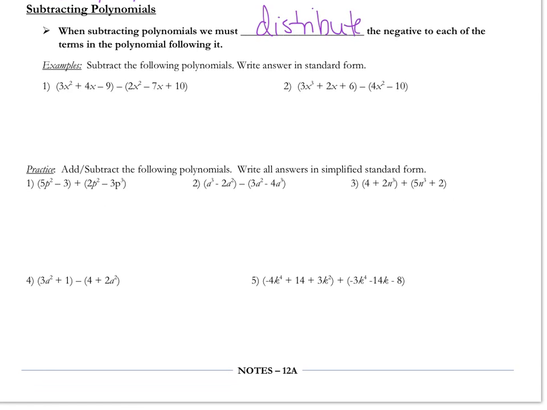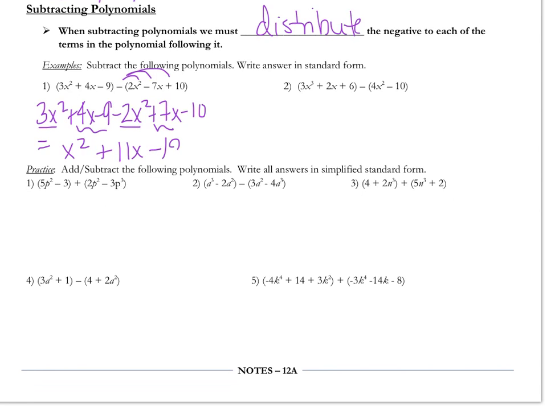Okay, so we have to distribute the negative through to everything. Okay, and then go ahead and combine like terms. Okay, so the biggest mistake that we'll make is forgetting to distribute that negative through.